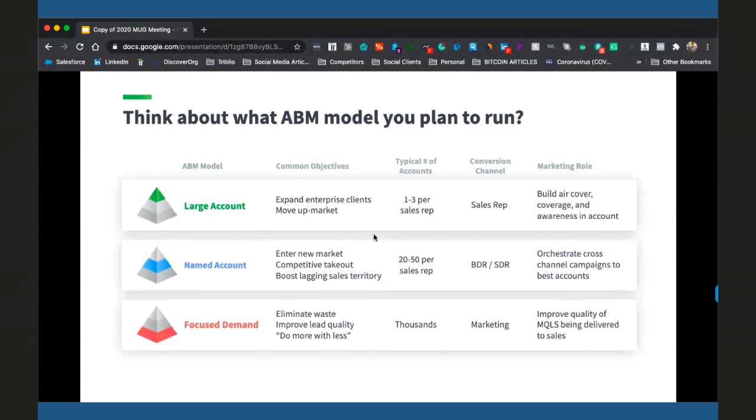I started as an SDR a long, long time ago, and as an SDR they teach you different ways of figuring out the email nomenclature and filling in the gaps, with the first name, or first initial dot last name, what have you. We still do that as part of our process internally.